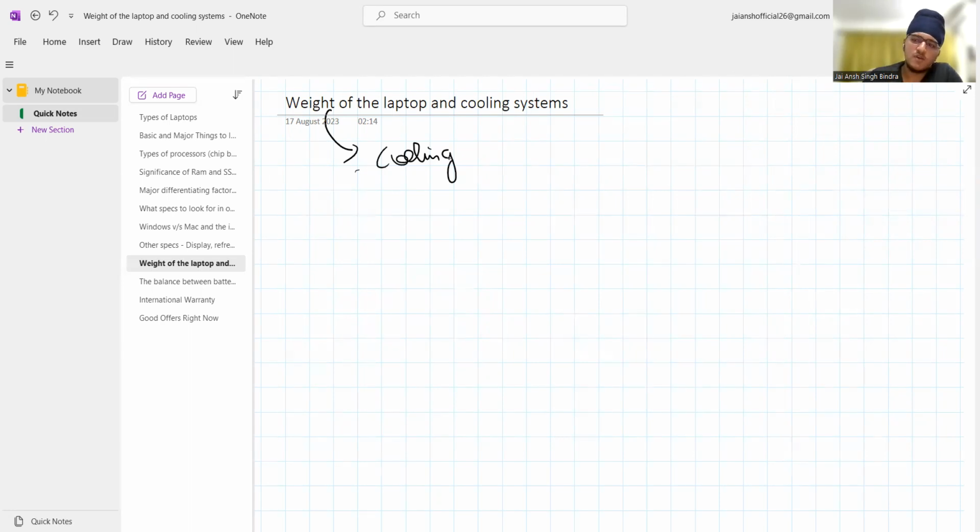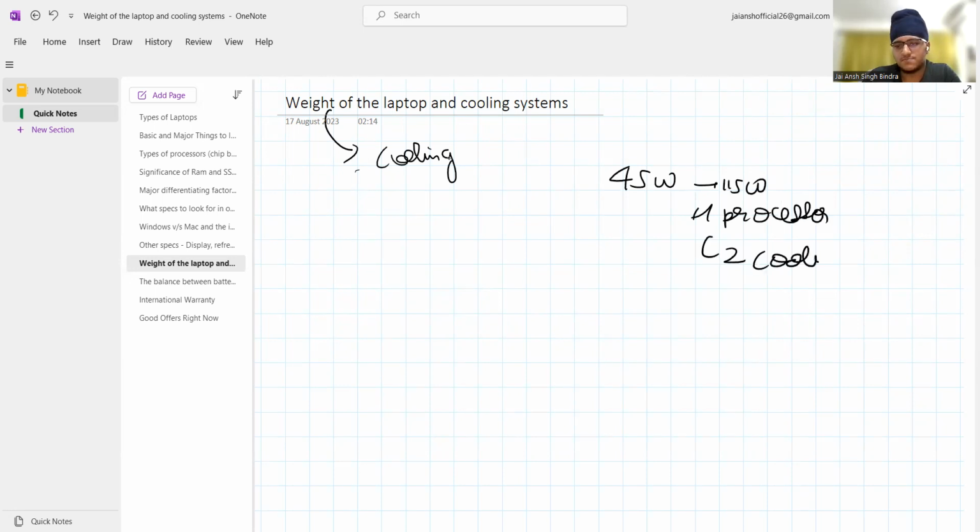One thing to keep in mind is that if you're going for a 45 watt to 115 watt edge processor, make sure there are at least two cooling fans, which can be activated by pressing some button on your gaming laptop when you need to go to high performance software, when you need high performance basically.